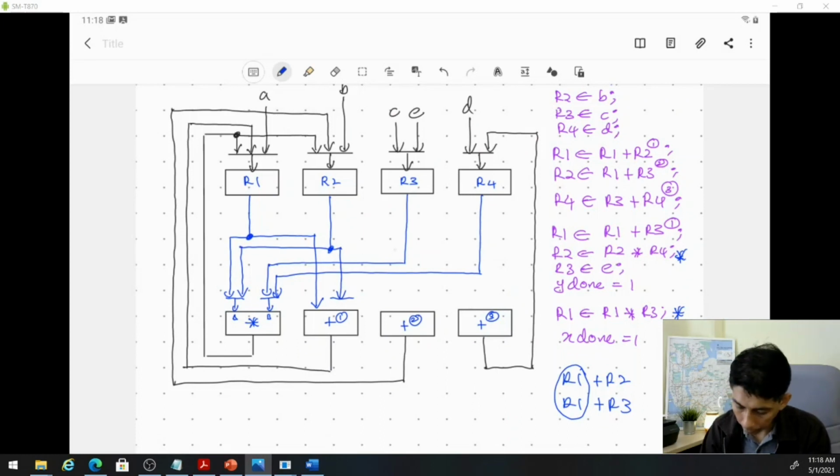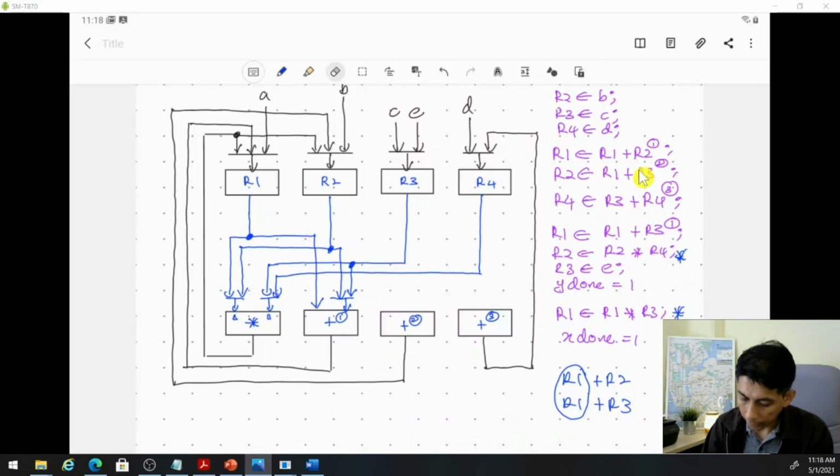So this is R3, you can tap from here. This is R1, and here it can be R2 or R3, right? That is for adder number 1.